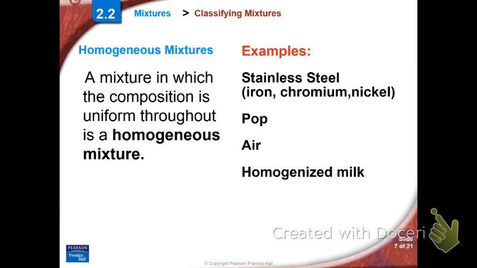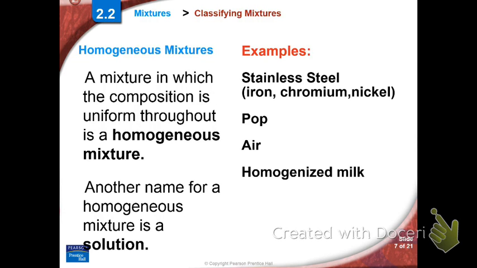The fat and the protein parts of milk don't separate when they're put through the homogenization process. So we have a homogeneous mixture with milk. Another name for a homogeneous mixture is a solution. Stainless steel, pop, air, homogenized milk can all be considered solutions.